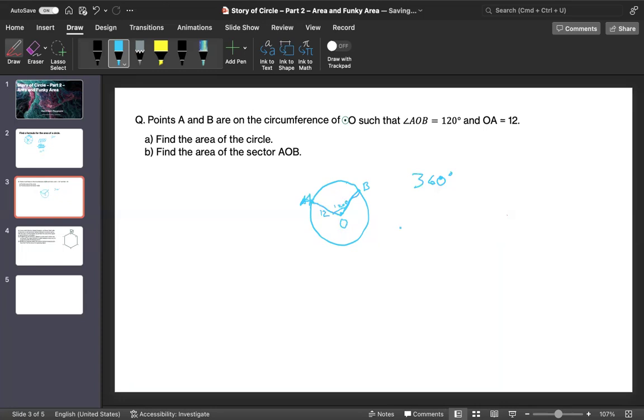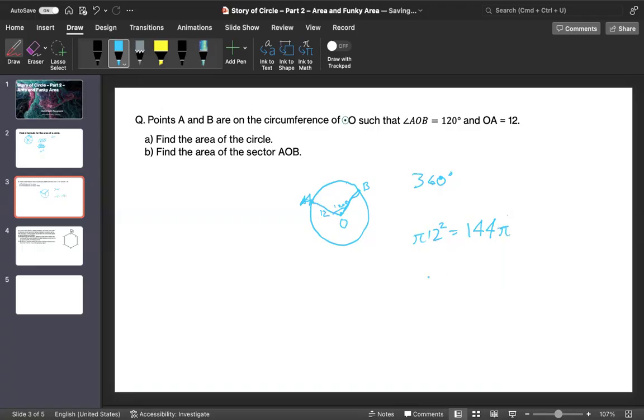So we're going to use our little formula to find the area of the circle. It would be pi r squared. In this case, r is 12, so pi times 12 squared, which is equal to 144 pi.